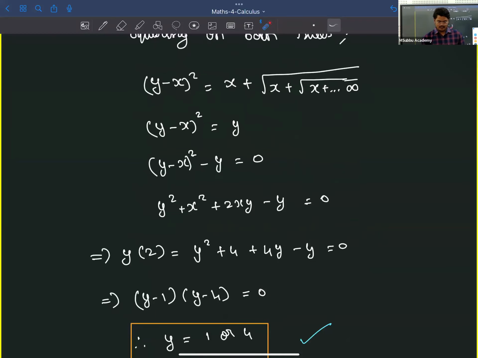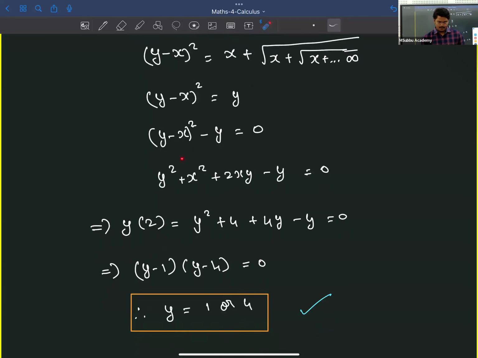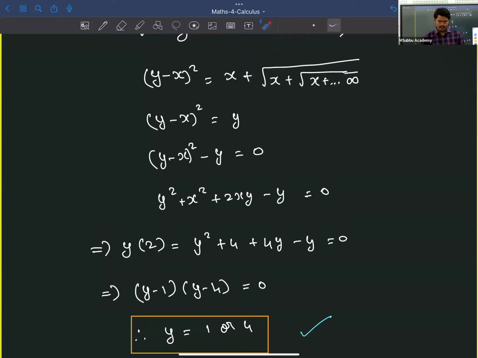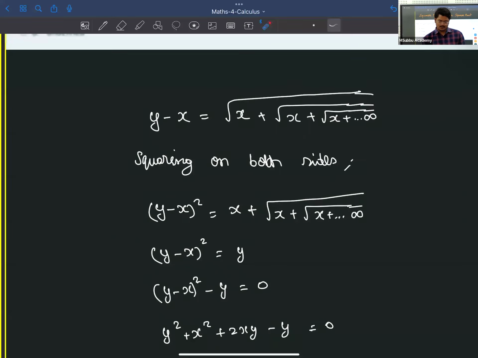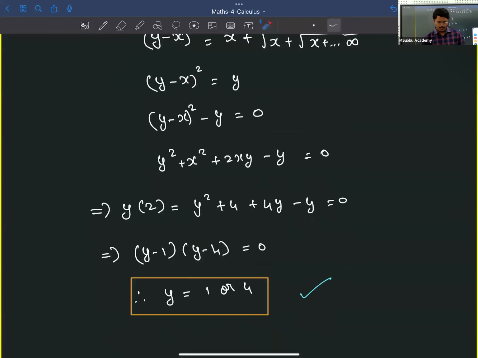Take this y this side and just solve for y. So you will get y square plus x square plus 2xy minus y. When you substitute x, they have given x as 2, so y square plus 4 plus 4y minus y.